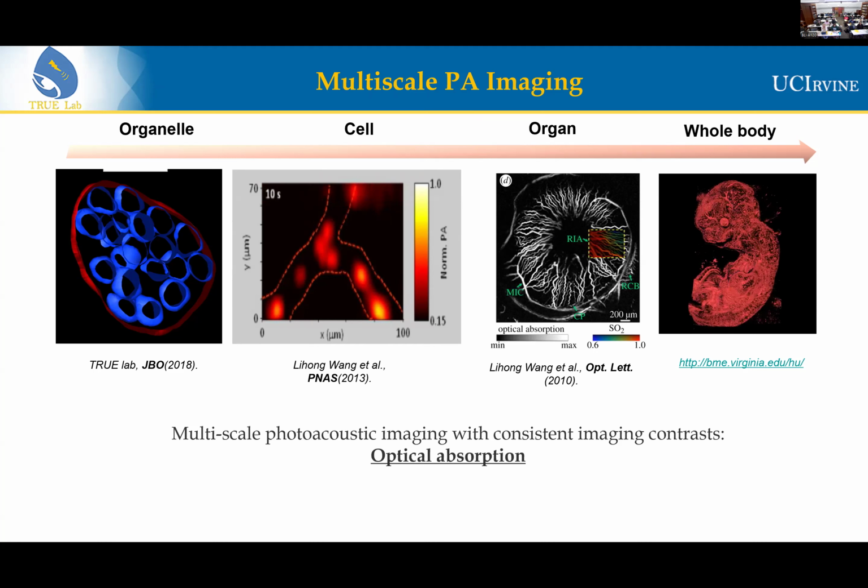This is an embryo of a mouse, if I remember correctly, from Song Hu's lab, back when he was at the University of Virginia. So it's very impressive. Again, this is a modality where the resolution and the field of view can be changed according to whatever biomedical application. It's very unique.